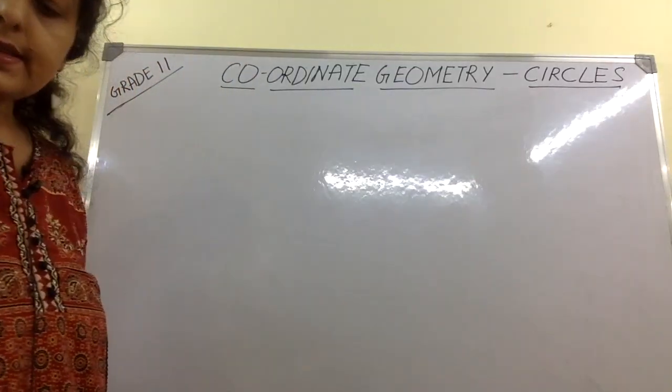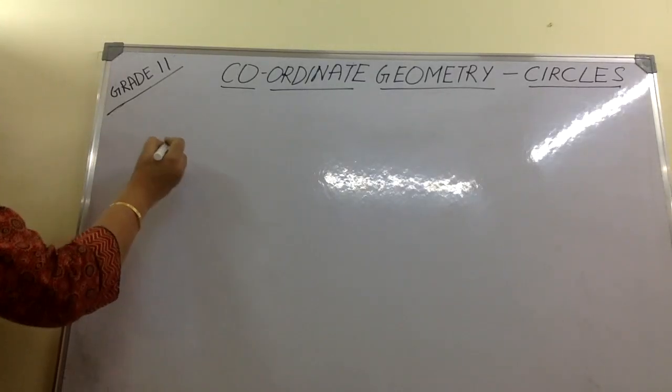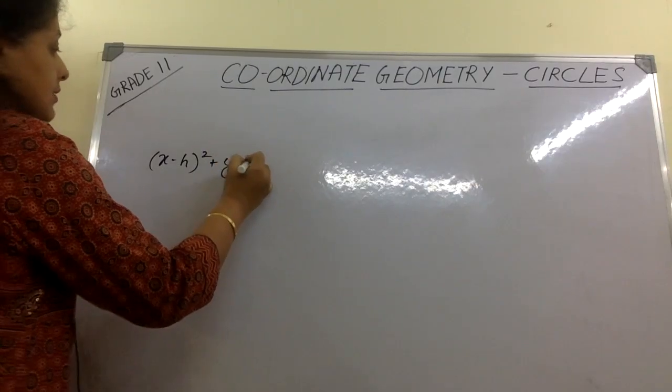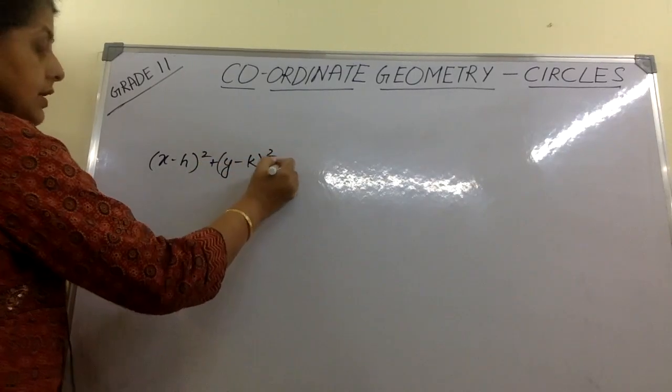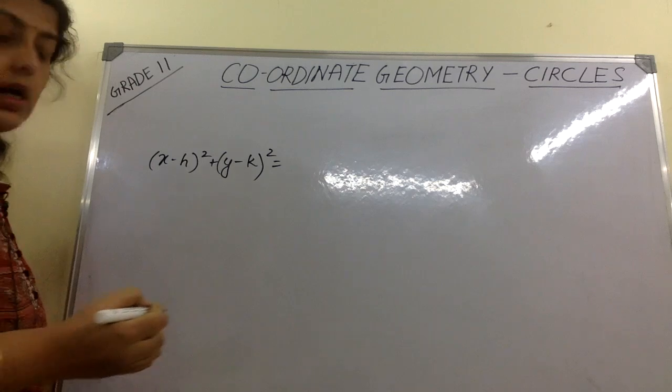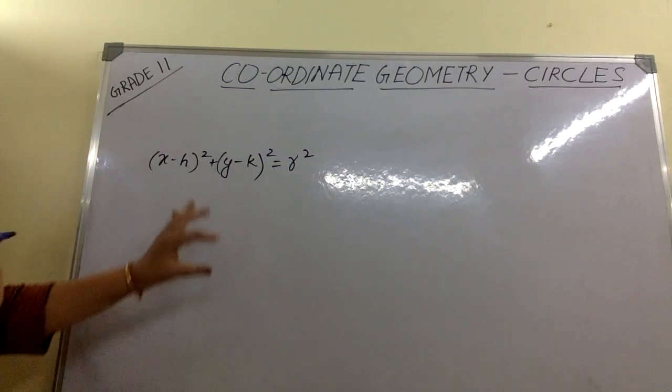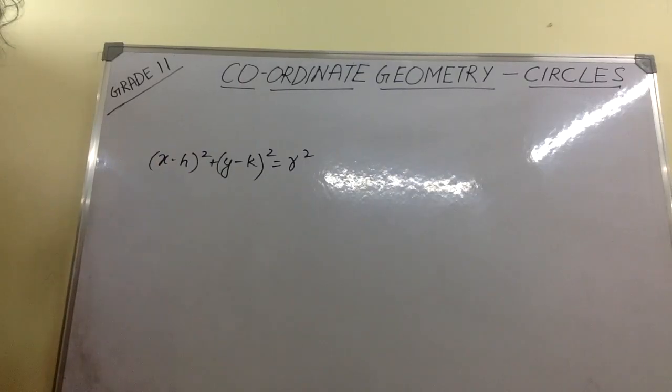Here, the equation of a circle is (x − h)² + (y − k)² = r². Now when is this the equation of the circle?